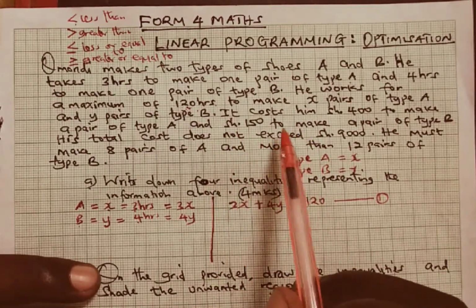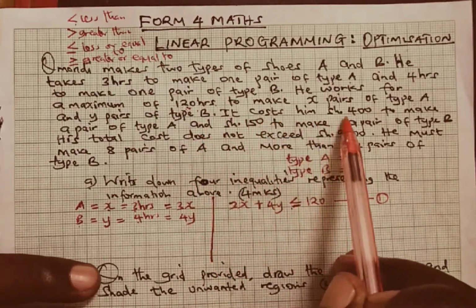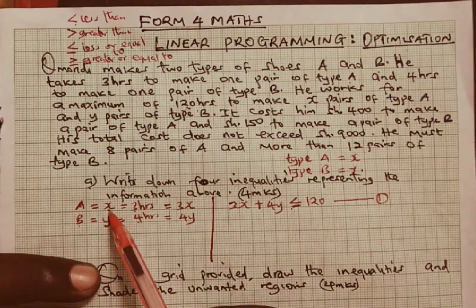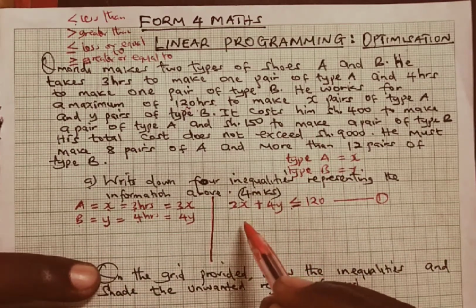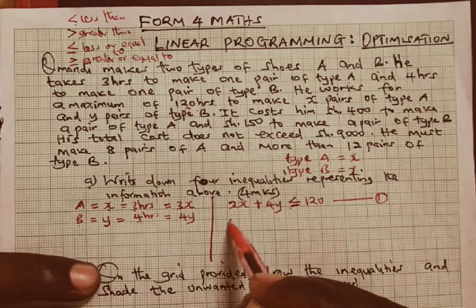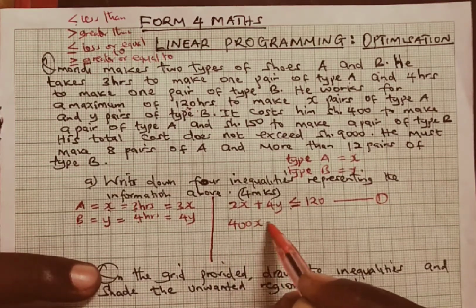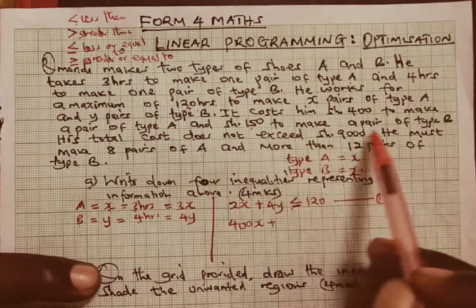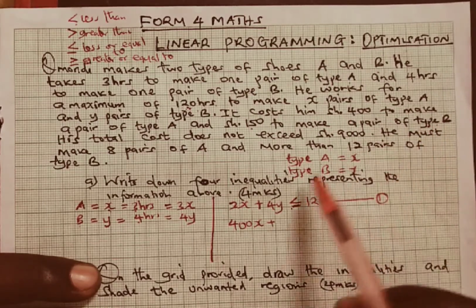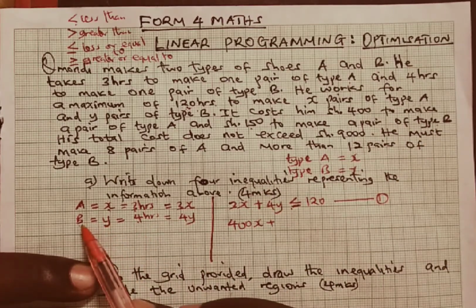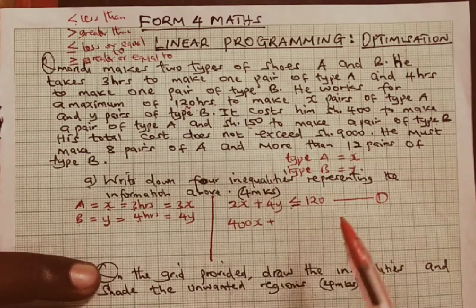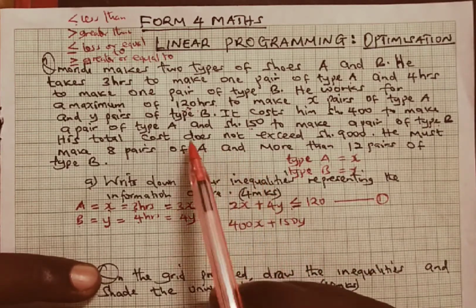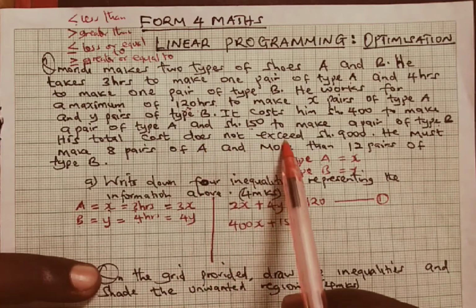Then we continue. It costs him 400 shillings to make a pair of type A. If he makes X pairs, the total cost for type A will be 400x, and 150 shillings to make a pair of type B. So if we make Y pairs of type B and each costs him 150, the total cost is going to be 150y, and the cost of making this does not exceed 9,000.